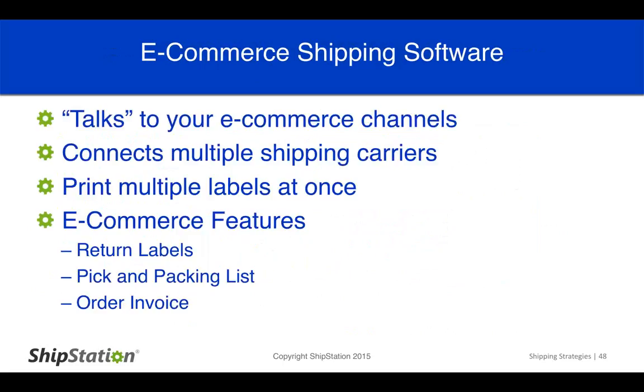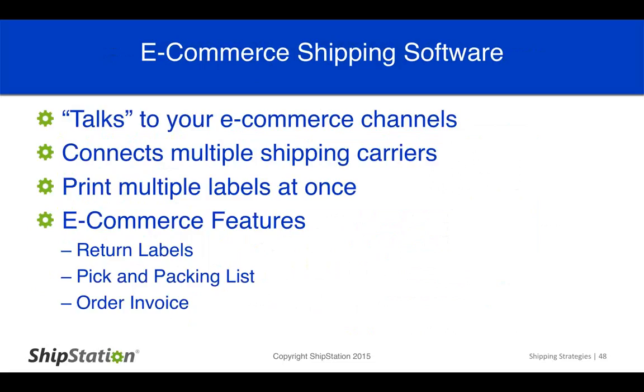When choosing an e-commerce shipping software, you want to make sure that it has all the features you need, such as the direct integration with your selling channels, such as Amazon, eBay, your online store, or even an order and inventory management system like Freestyle Commerce. You'll also want to make sure that it's integrated with your shipping carrier and special services that your carrier offers, like FedEx Dry Ice.